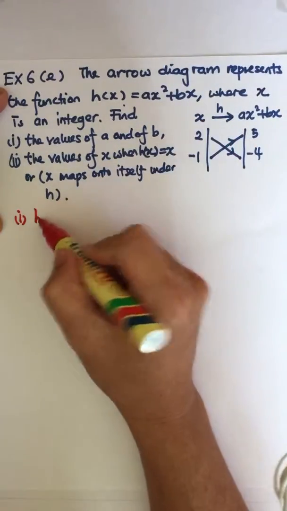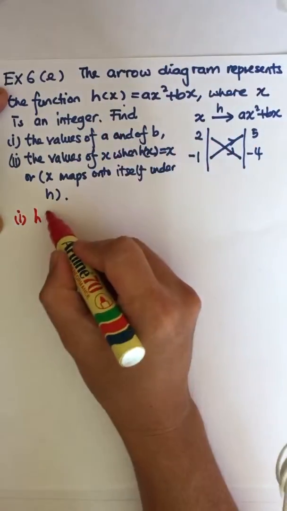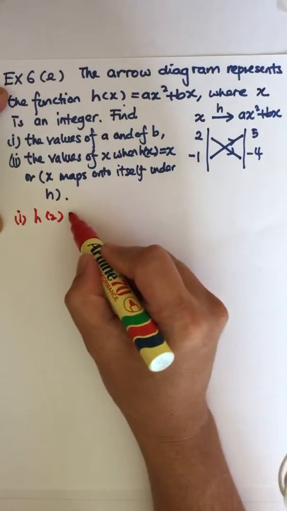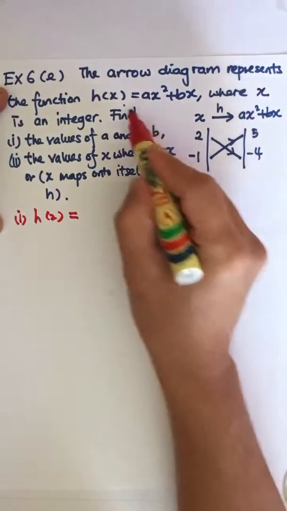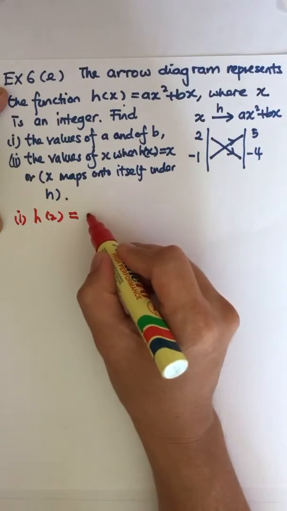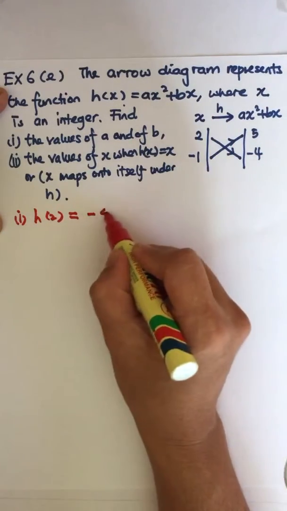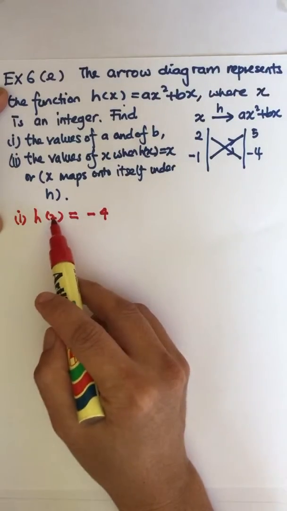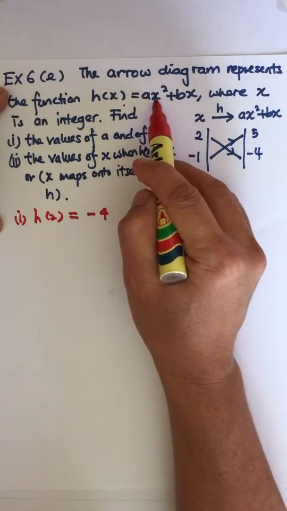You see here, if you write down h, when x is 2, ax² + bx is negative 4. So we write down h(2) = -4. Then we substitute 2 into the variable x here.